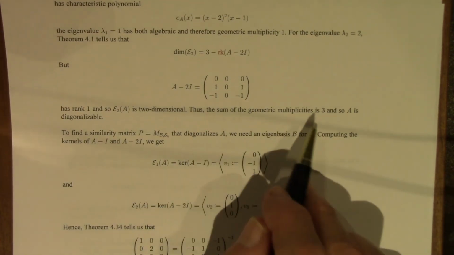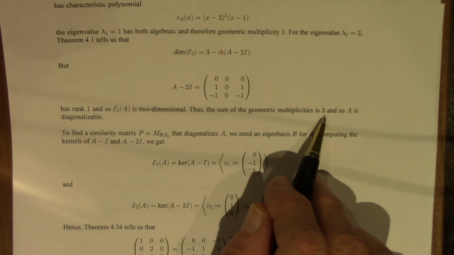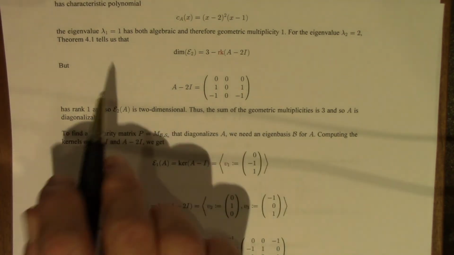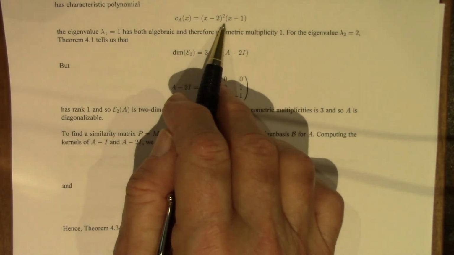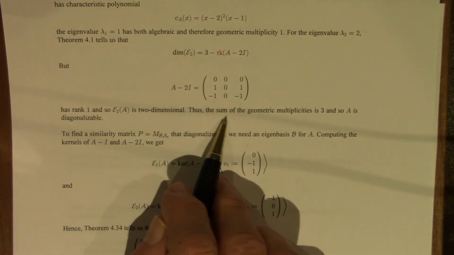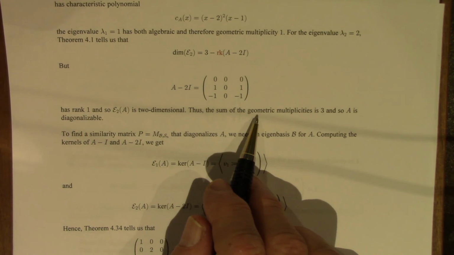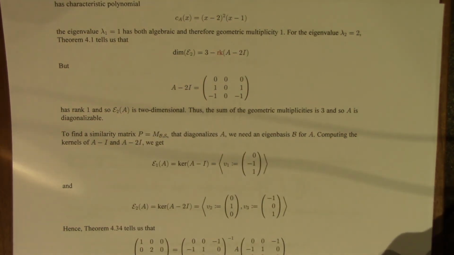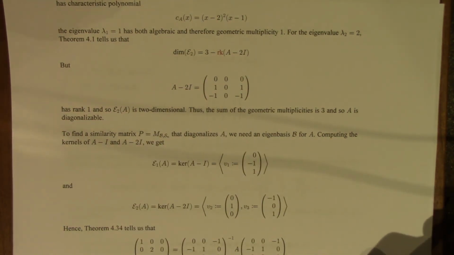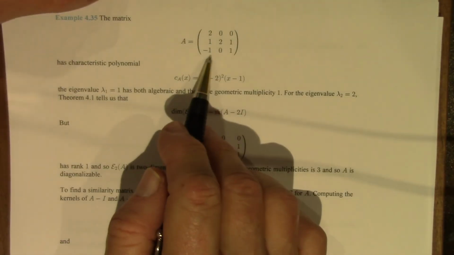And the sum of the geometric multiplicities is 3. The characteristic polynomial splits. All the eigenvalues are non-defective. According to the previous theorem, this matrix is diagonalizable. That's quite remarkable.